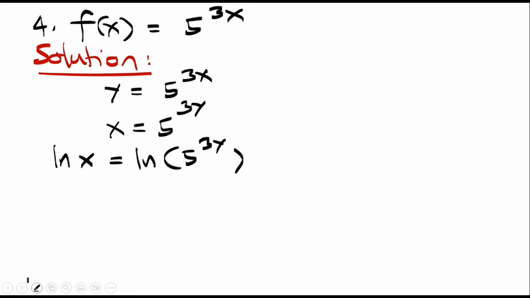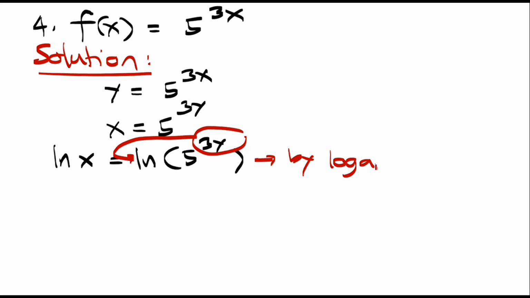And we have that property in logarithm that an exponent can be rewritten as the coefficient of the logarithm. So we can bring this down here, and that is valid by the logarithm of a power.